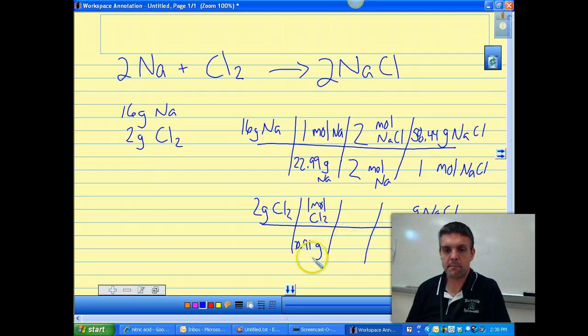But chlorine is Cl2, so you'll see I doubled that number to 70.91. Doing our mole to mole step, we want to finish in NaCl so it goes on top. We're trying to get out of chlorine so it goes on the bottom so it can cancel out. And those in the reaction go together, 2 NaCl's for every 1 Cl2. And then finally, finish off that last step. Grams per mole of NaCl is 58.44.